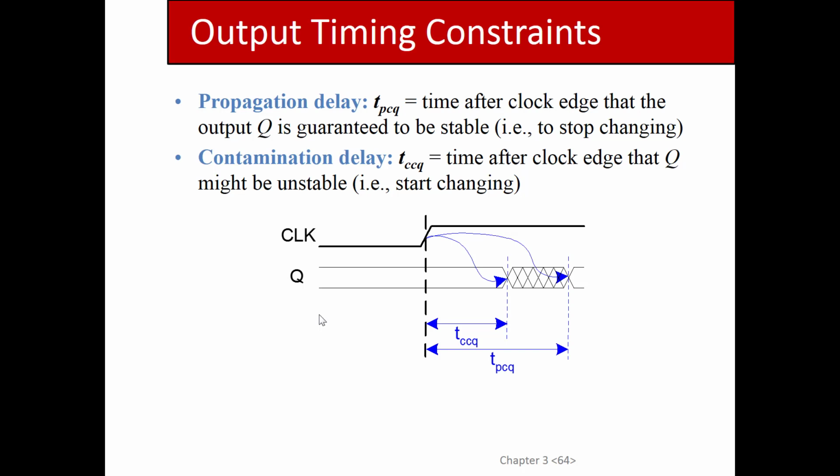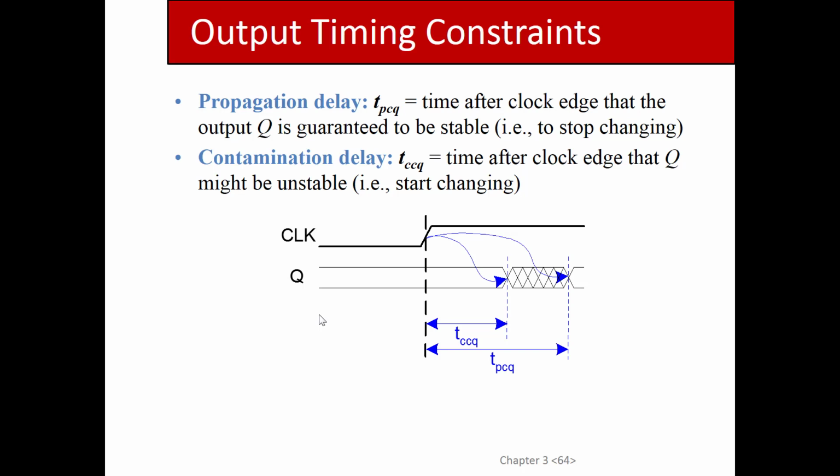Okay, so contamination delay means the same thing as it meant in the last chapter. It's the minimal amount of time before an output could change, in this case after the clock edge, because normally when you talk about contamination delay with logic gates, it's if you change the input of a logic gate, how fast will that logic gate output start to change, and then the propagation delay determines how long it takes to stabilize, or how long it takes to reach its final value.